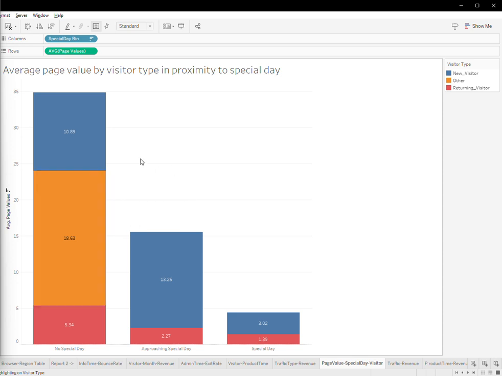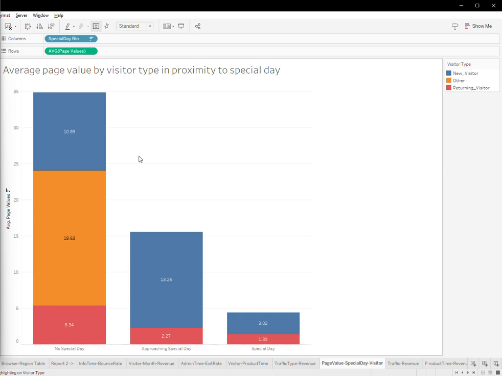The total average page value peaks on normal days approaching the peak when special days are coming up, with new visitors having the largest influence on page values and driving the largest average page values across all three of the special day proximity categories.